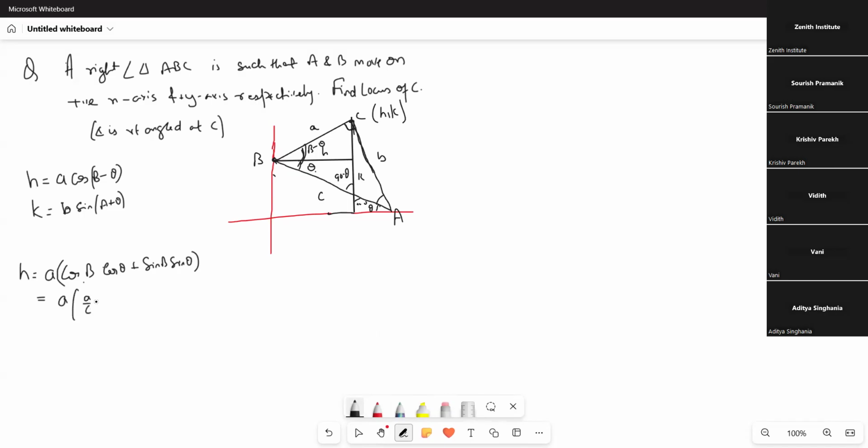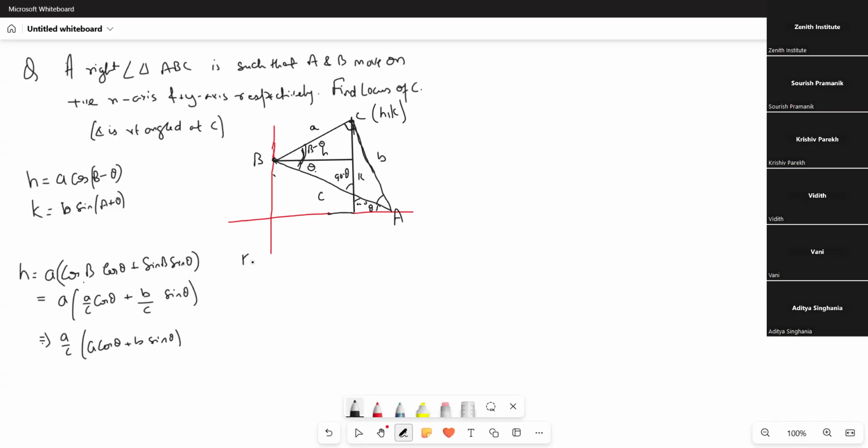So this becomes a by c cos theta plus sin B, and sin B is b by c sin theta. So this is a by c into a cos theta plus b sin theta.